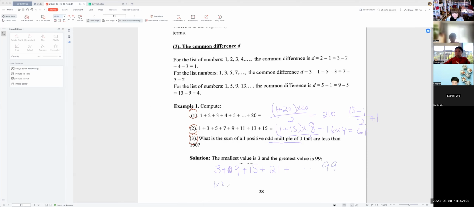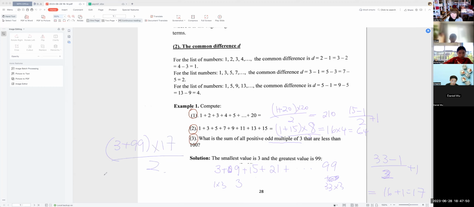That is 1 times 3, 3 times 3, 5 times 3, 7 times 3, all the way to 33 times 3. How many numbers are there? 33 minus 1, divided by 2, plus 1, equals 16 plus 1 equals 17. So 17 numbers, and the sum is 3 plus 99, times 17, divided by 2.